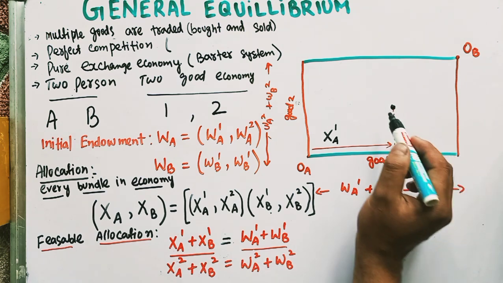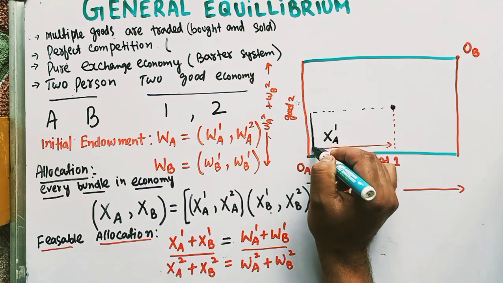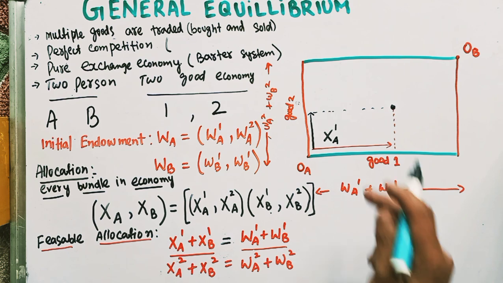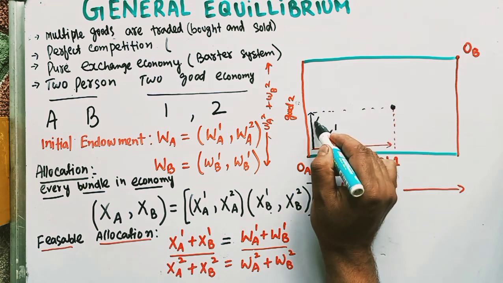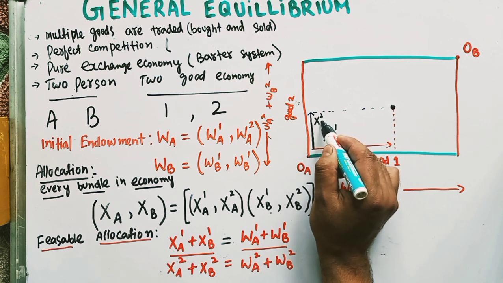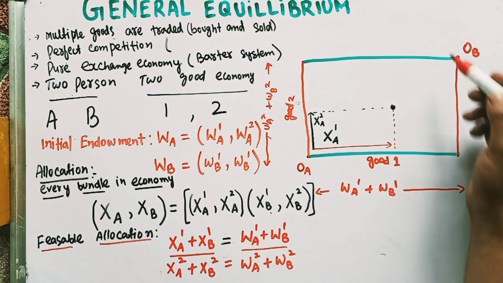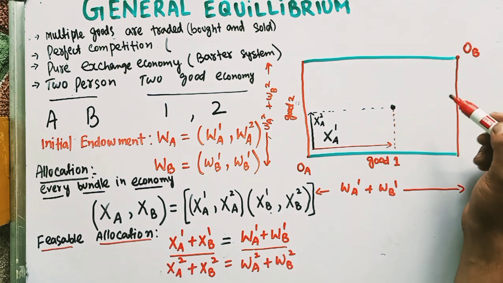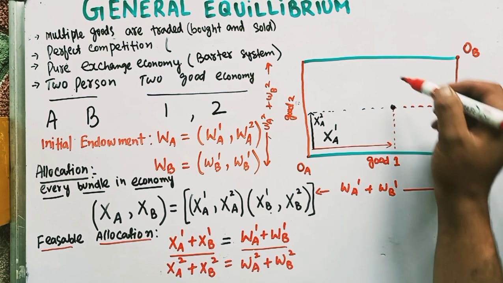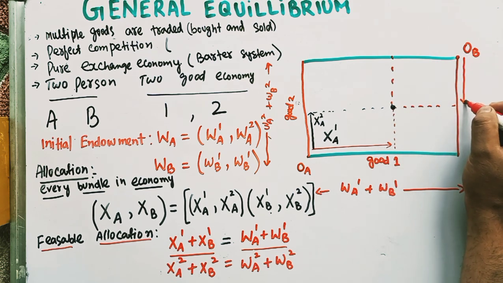And corresponding to this, up to this shows the units of good 2 consumed by person A, obviously. Now what about person B? Let us draw it here, something like this.